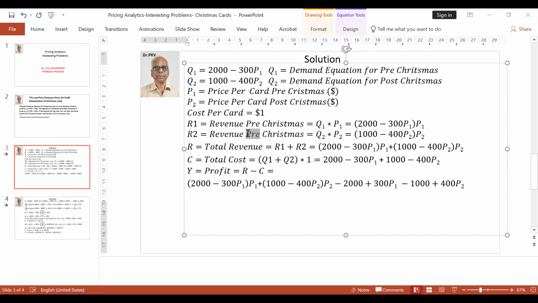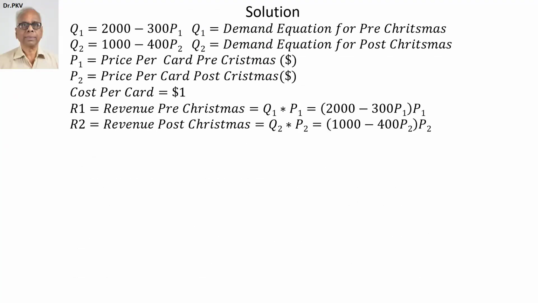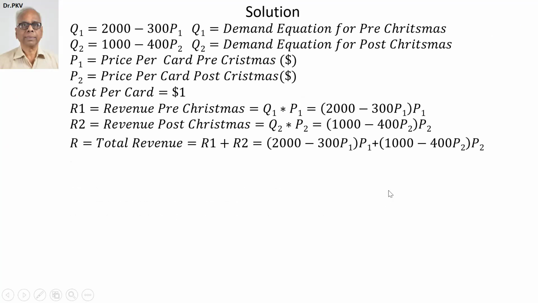It is post-Christmas. R2 is equal to revenue post-Christmas, which is equal to Q2 P2, which is 1000 minus 400 P2 into P2. R is equal to total revenue, which we add as R1 plus R2. So this is equal to 2000 minus 300 P1 into P1 plus 1000 minus 400 P2 into P2.